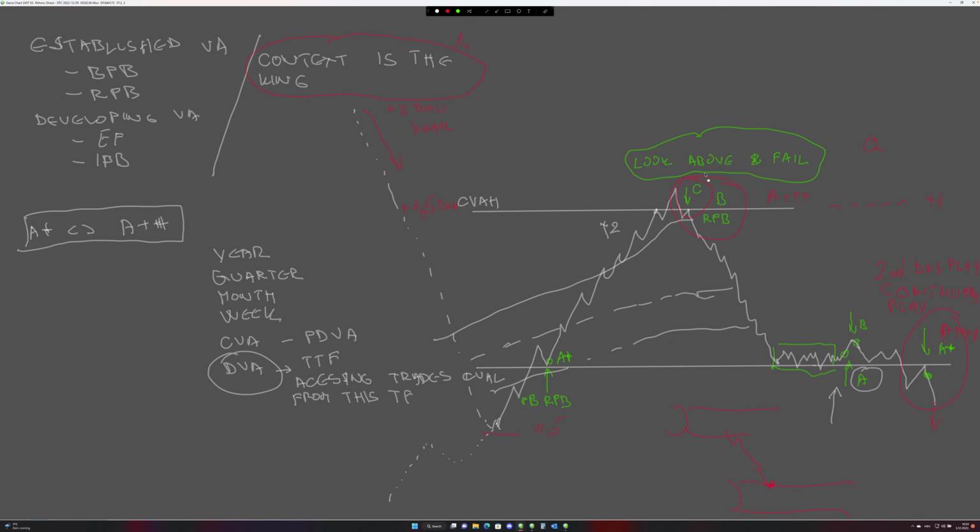These setups, from DVA, become fade extreme, and we have confluence of the composite value area high, 1.5 deviation on the yearly charts. We have +1 on the quarterly charts. It could also be some confluence of, let's say, the previous day value area high, and all these things.